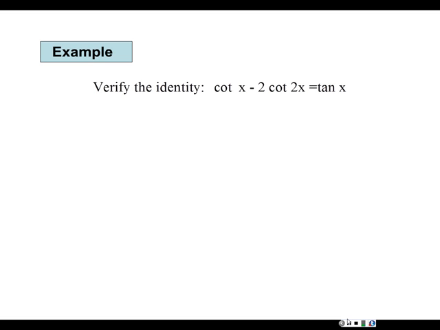You have to understand which one to apply the formula on, because you always want to make sure the angles are the same on both sides, and you are heading towards that point. From cot 2x, you will have 1 over tan 2x. Apply the tan 2x formula there so that it becomes tan x. Let's see whether we can solve it and get the answer.